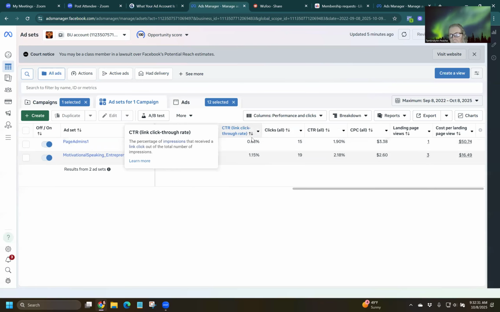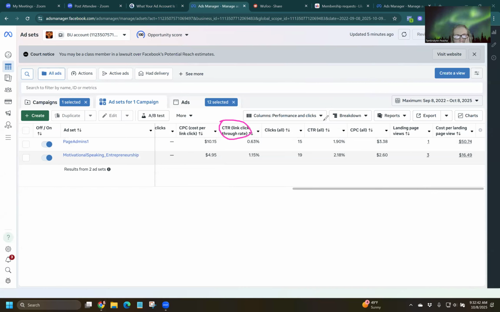Which are these numbers right here: CTR, link click through, CTR all. And Facebook is nice because these are the click rates, but they do the math for you too, because this is the integer version of this number and this is the cost.